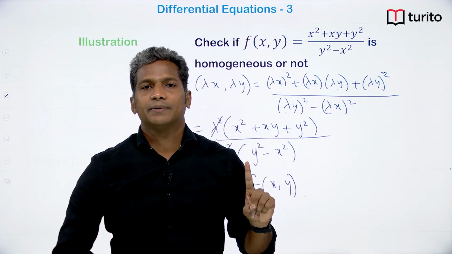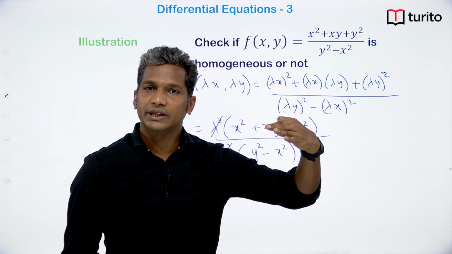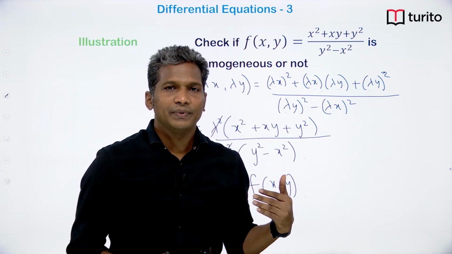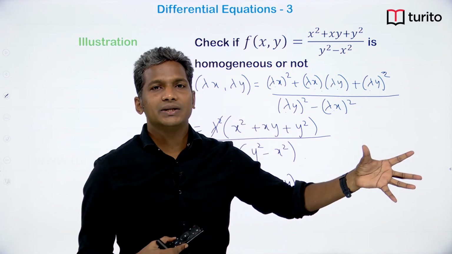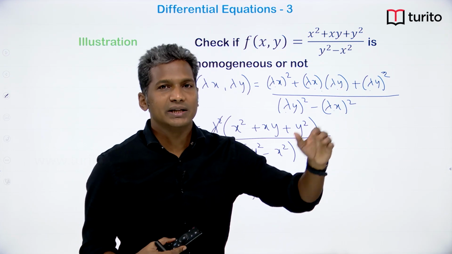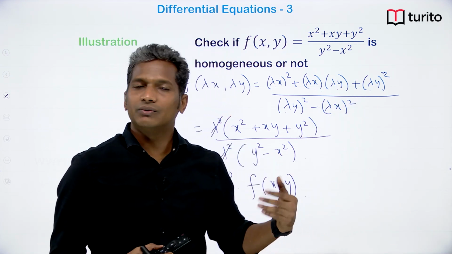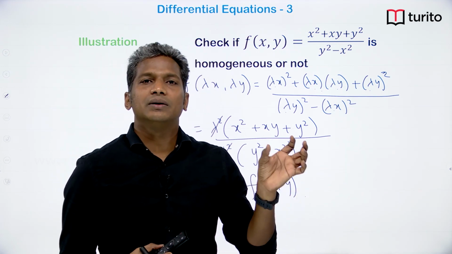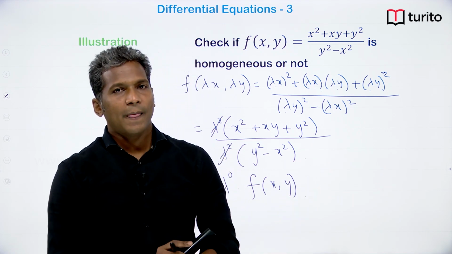One aspect is, when the numerator has a certain degree of homogeneity and the denominator has a certain degree of homogeneity, when we divide one with the other, the net degree is going to be the m minus n idea. You know that exponents idea, a power m by a power n equals a power m minus n. So, the degree of homogeneity is the power of the numerator minus the power of the denominator.